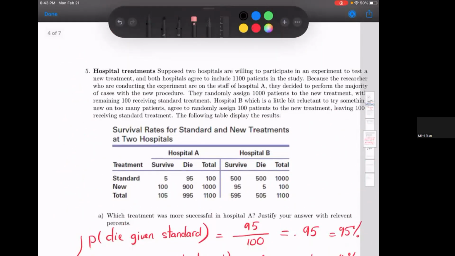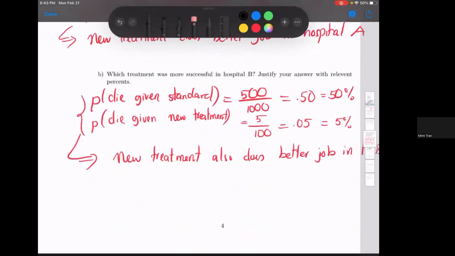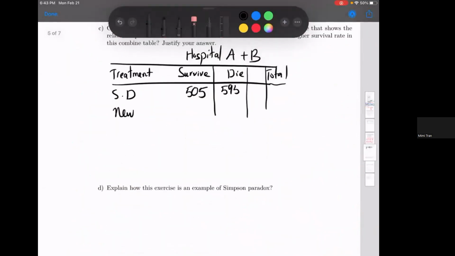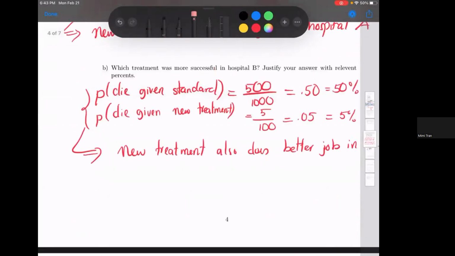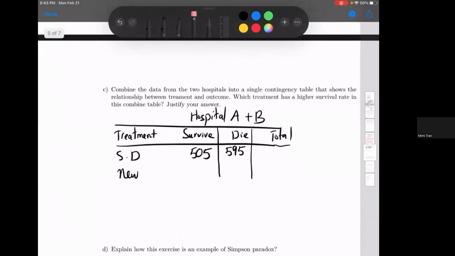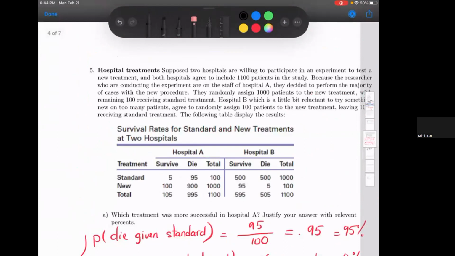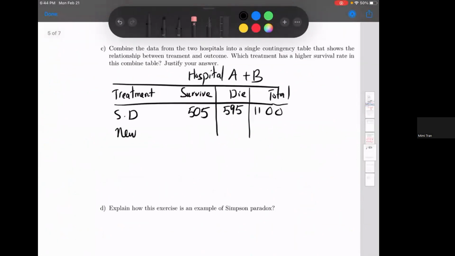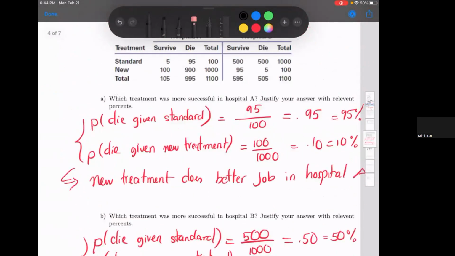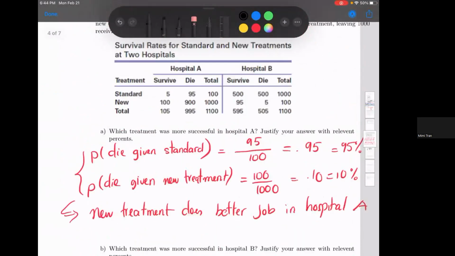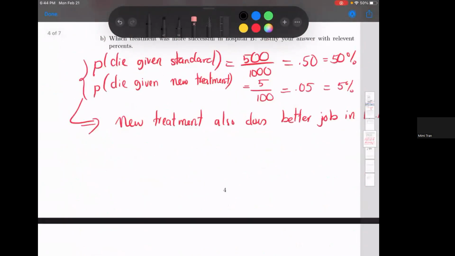And then die is 595. Total should be 1,100. Right? Yeah, 1,100. Okay, for new, surviving is 100 plus 95, 195.